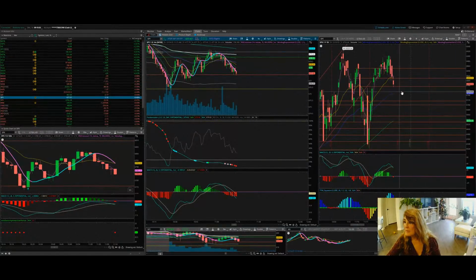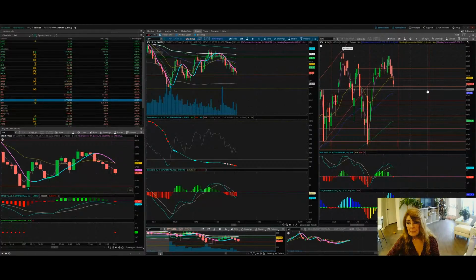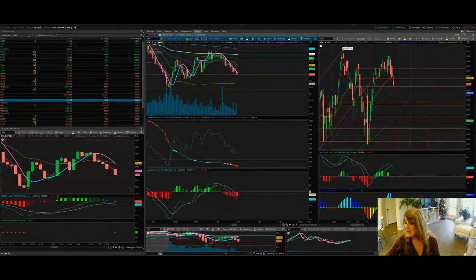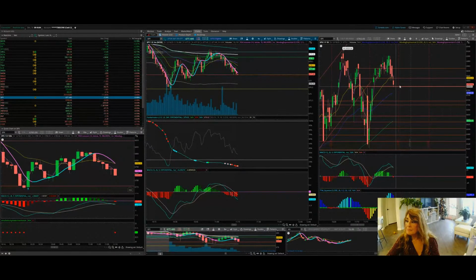And we'll finish talking about the big picture. Now, again, data was pretty bad. I think that accounts for some of this drop today. Like I was saying, the next target, let's say, is going to be right here, this gap fill at 1125.